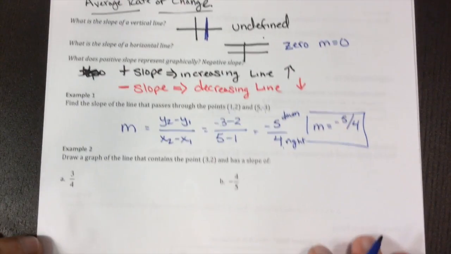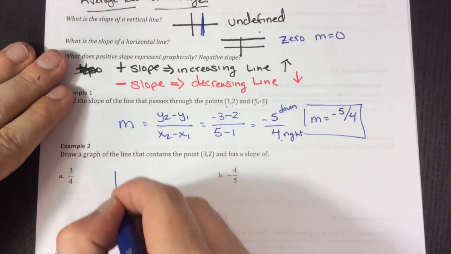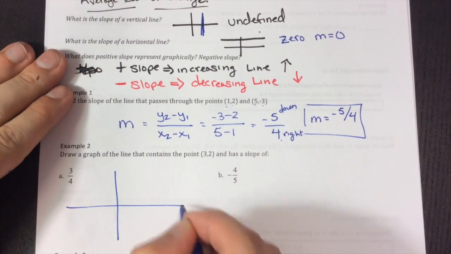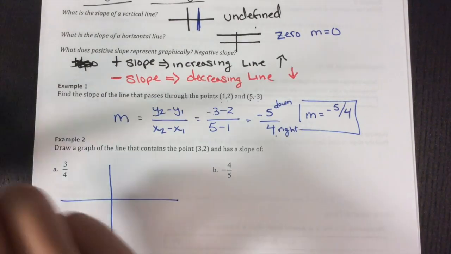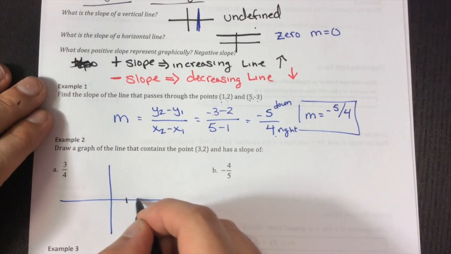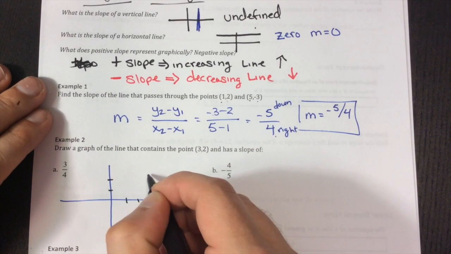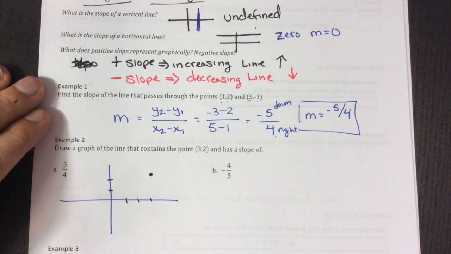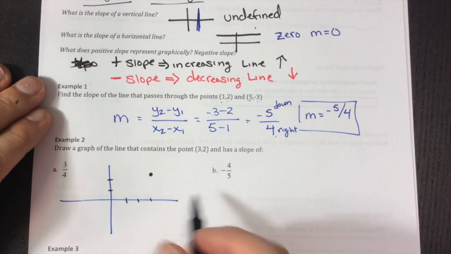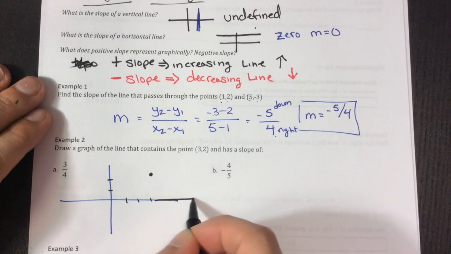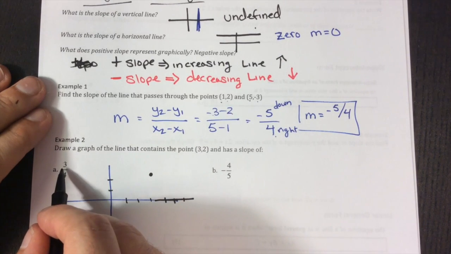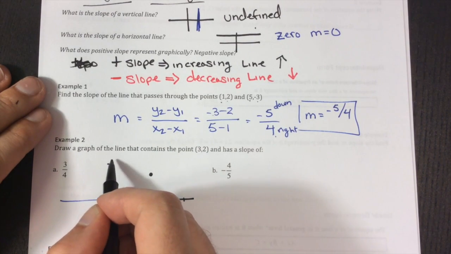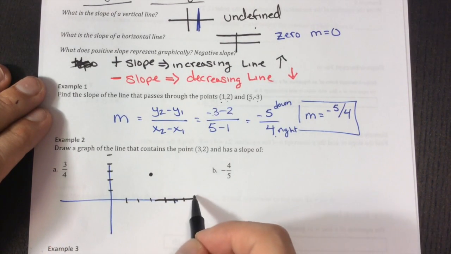All right. So, example 2. Draw a graph of the line that contains (3, 2) and has a slope of 3/4. So, take our pen, 1, 2, 3, up 2. There's our point. The first one is going to be up, rise, up 3, and to the right 4.